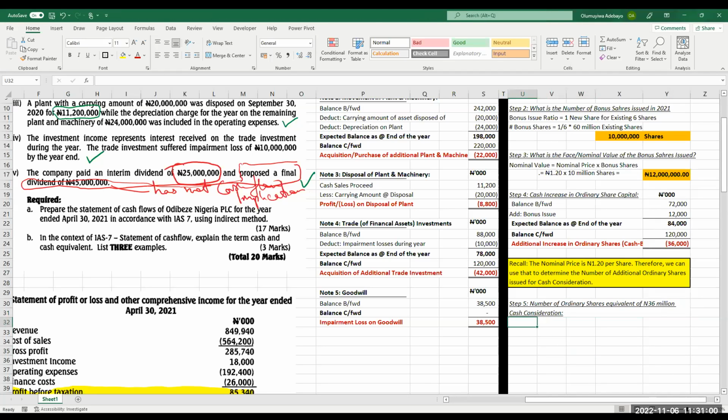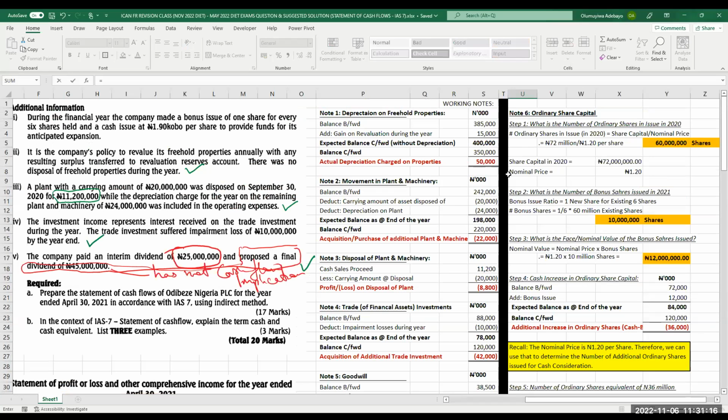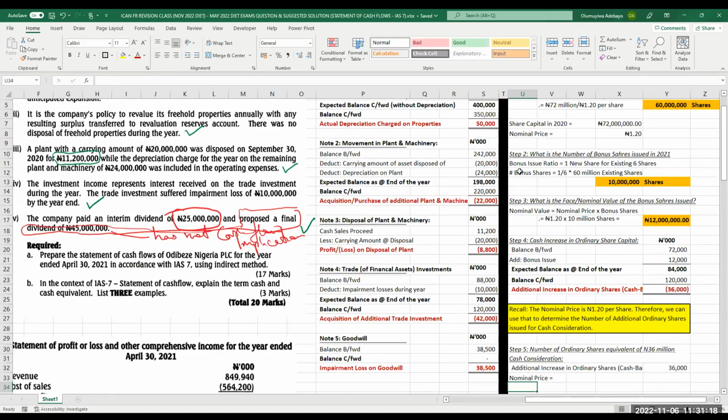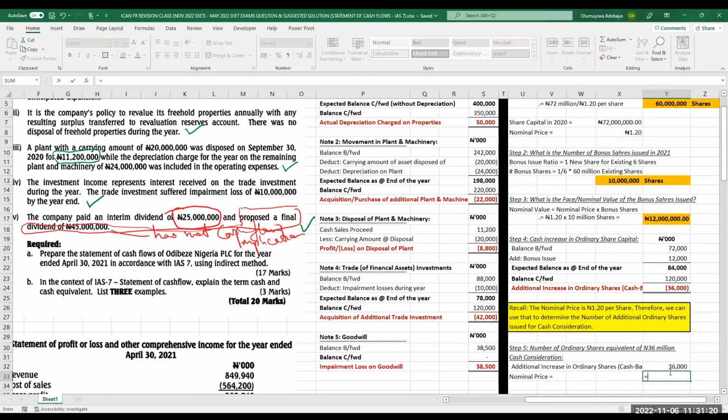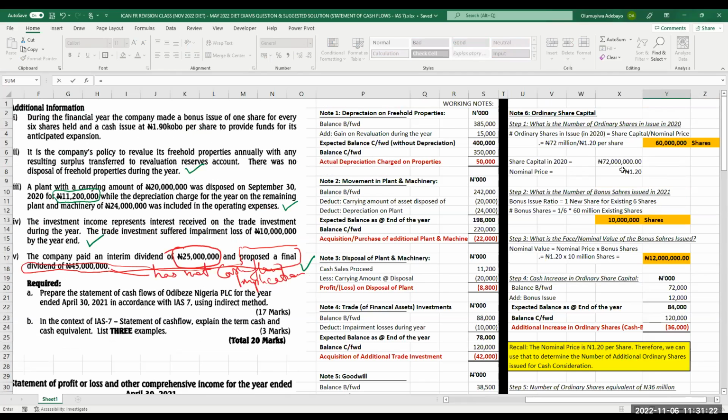Now you ask yourself, the additional cash is 36. The nominal price is 1 naira 20 kobo.